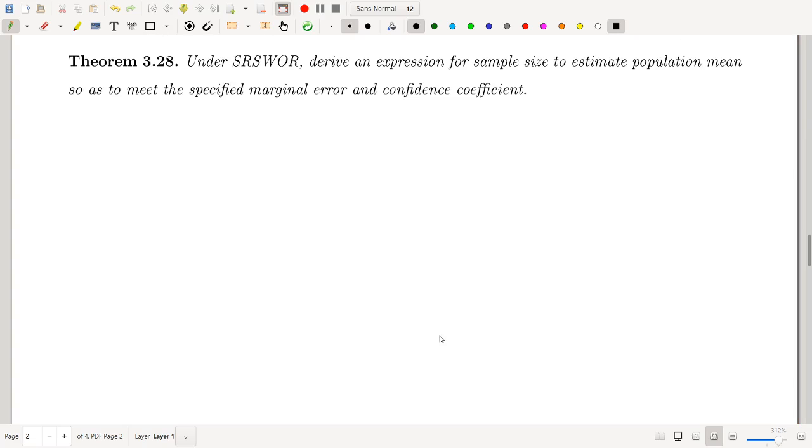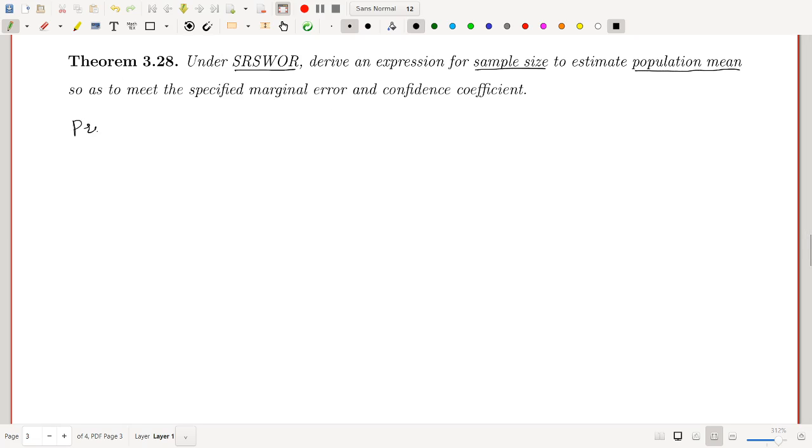Now look at this theorem. Here the only change is under SRSWOR. So under the SRSWOR, without replacement method, derive an expression for the sample size, meaning we have to find small n, to estimate the population mean, so as to meet the specified marginal error and confidence coefficient.